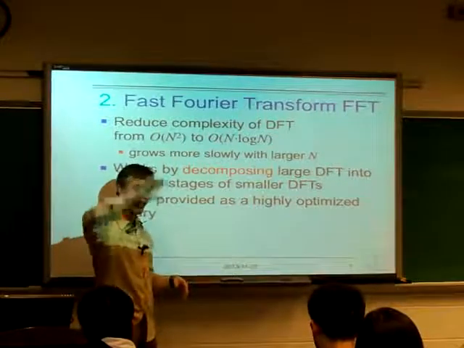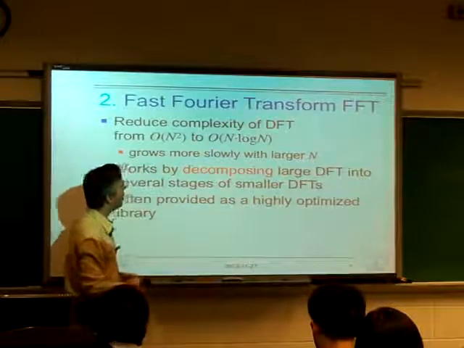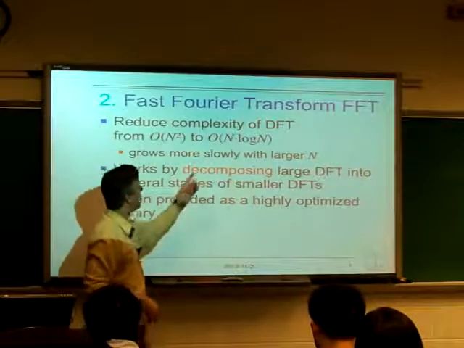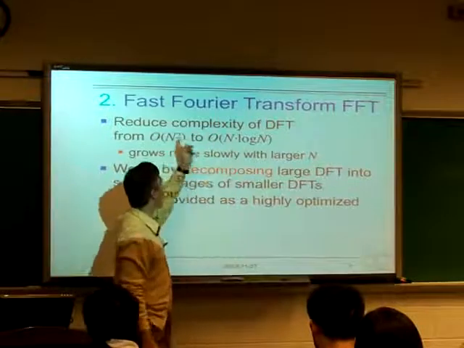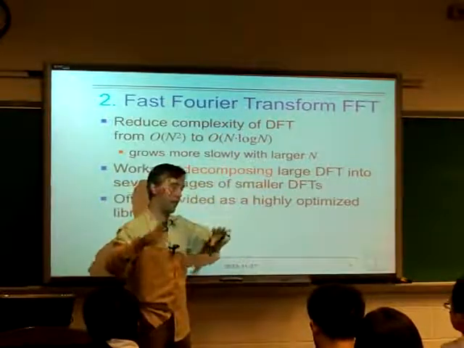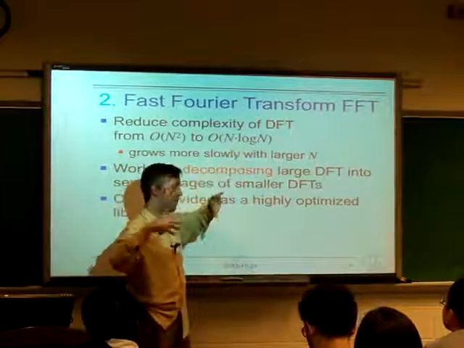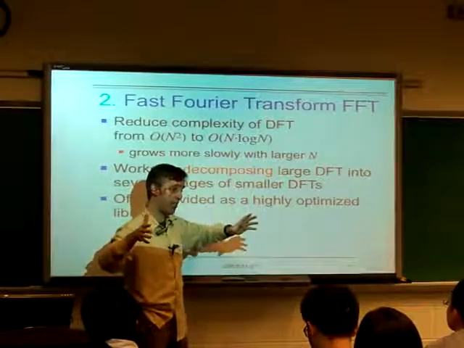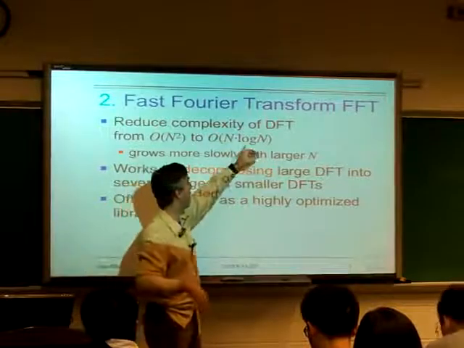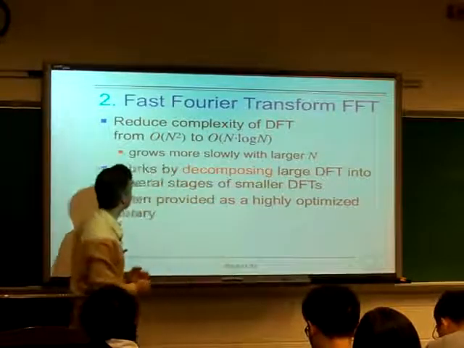Log n is kind of this compressive function. And so as n gets larger, the gap between n squared and n log n becomes even bigger. And so for large n's, we can get something which is much closer to being just proportional to the length of the signal, the length of the window, rather than the square of the length of the window.